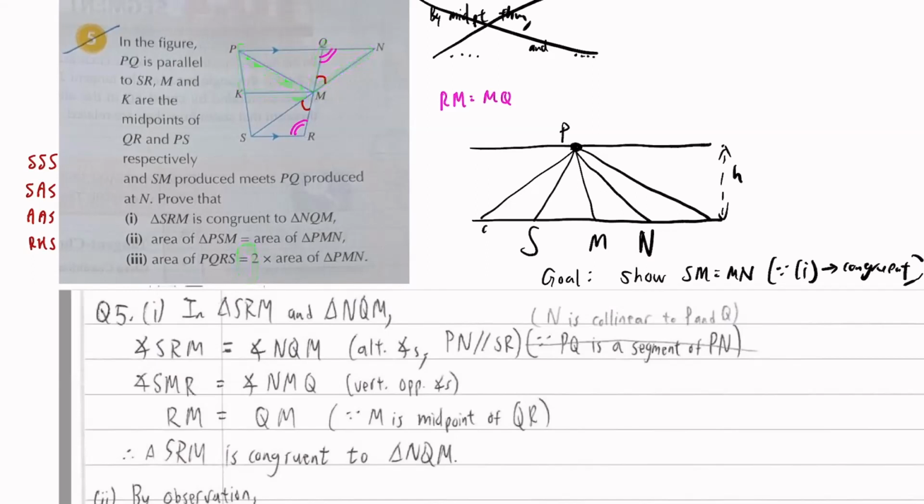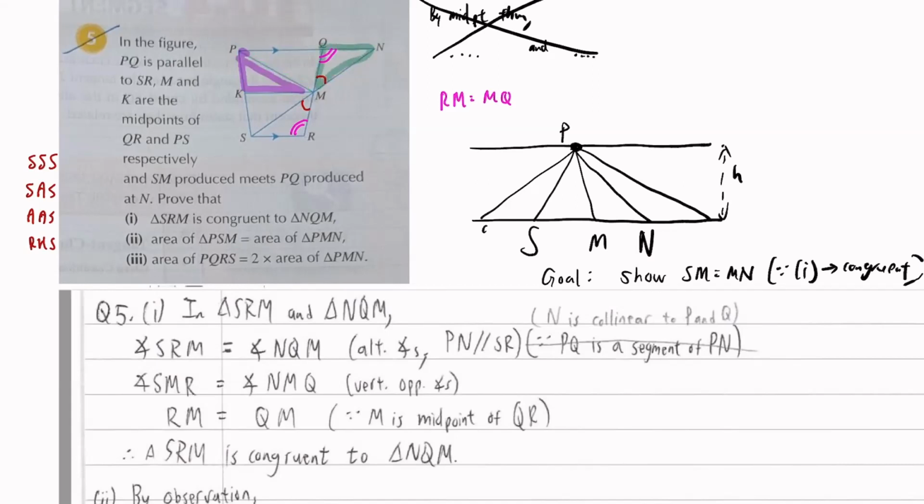Let me see. Are they congruent? Wait, sorry, I don't understand the reason why it's congruent. I don't see how they are congruent. PKM and QMN, right? Why?